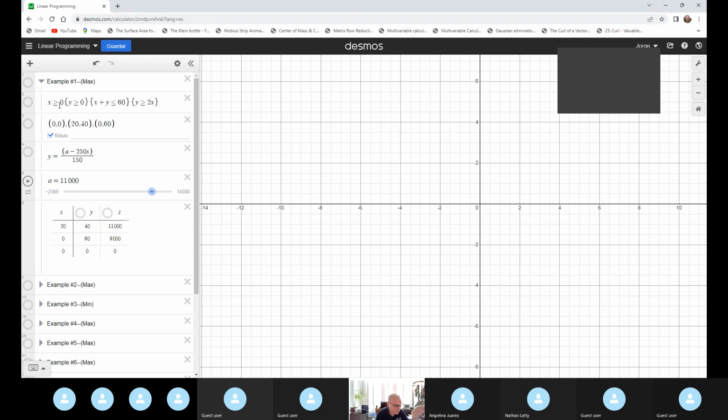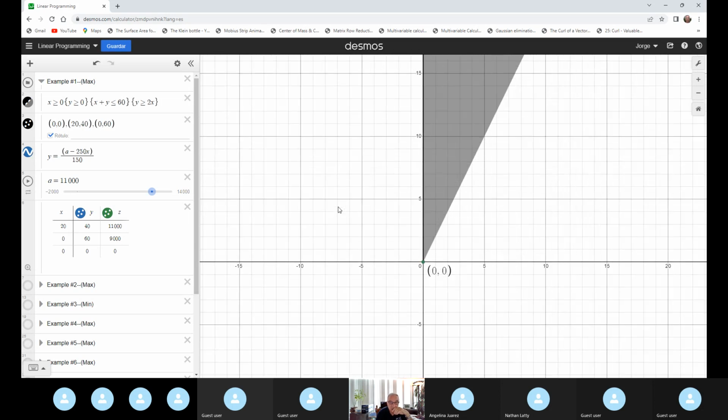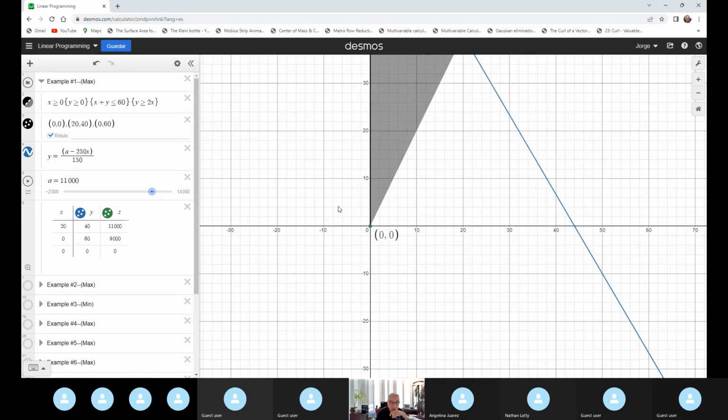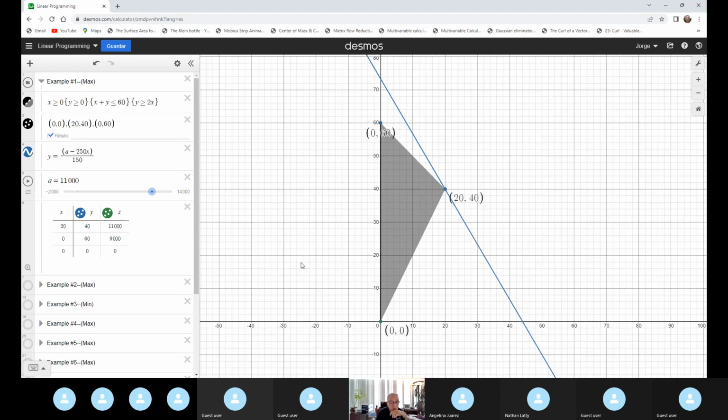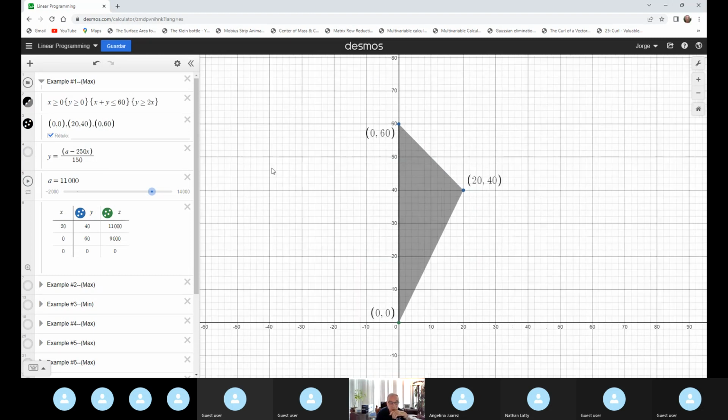You copy the first one, it doesn't matter the order, copy the second, separate by curly bracket, and that's it. And we want to graph the solution. And the solution, look, is something like that. Wait, let me zoom. Let me erase the blue part. The blue part is not important now. Okay, this is the solution, guys.